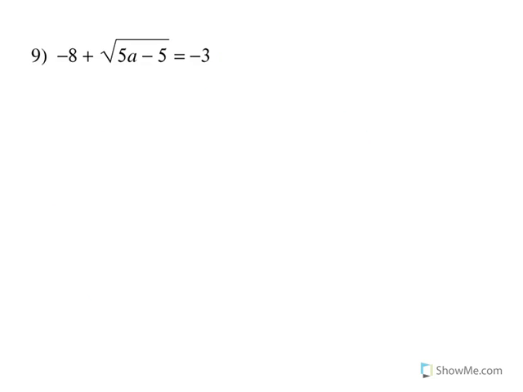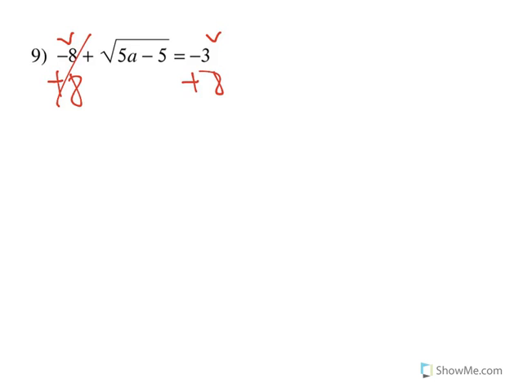Our next example: notice that for the first 3 examples, we have the square root on one side and the constant term on the other side, but now we have a constant term on both sides. So first we need to move the negative 8 by adding 8 to both sides.